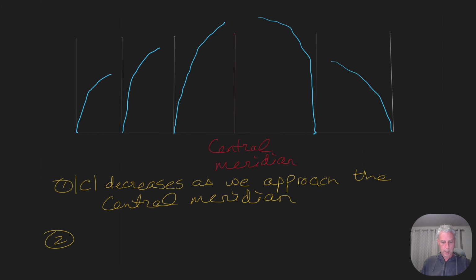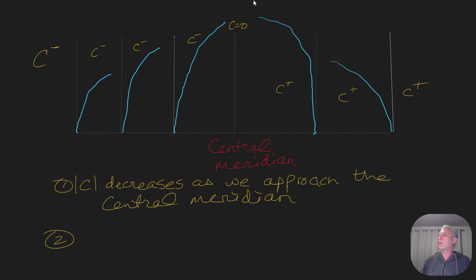Two, and I think I'm going to do it up above. So over here we have negative convergence, negative convergence, negative convergence, negative convergence, and here, right at the prime meridian, convergence equals 0, and then we have positive convergence, positive convergence, positive convergence.